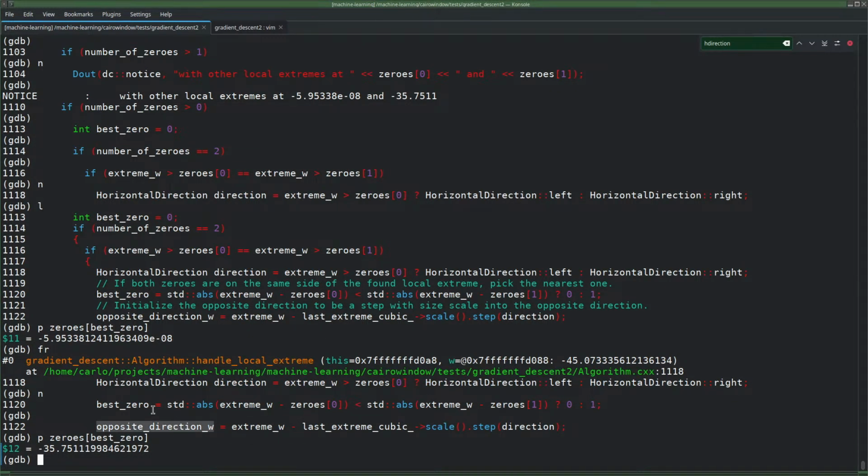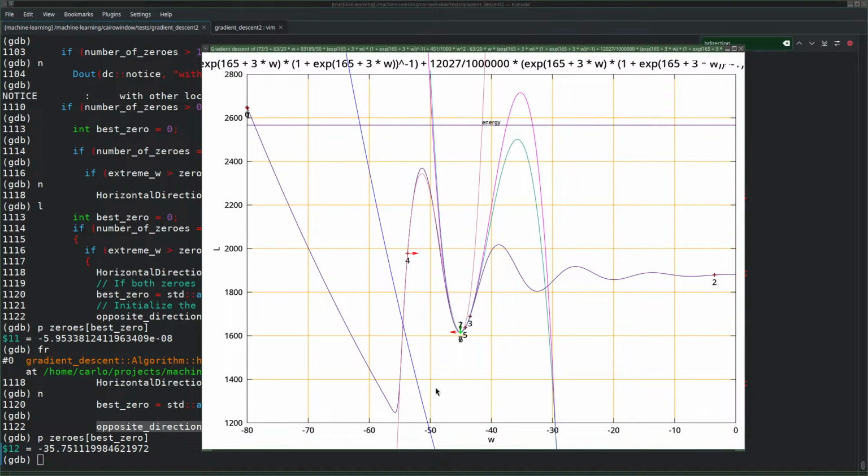And then I also have to initialize already here what we will do if we ever go back here and then have to explore the opposite direction, and that is going to happen. Because this is a minimum, we will find this minimum next. So we jump here and then find that minimum. Then we say, okay, this minimum is not as deep as that one, so we give up on this direction to the right.